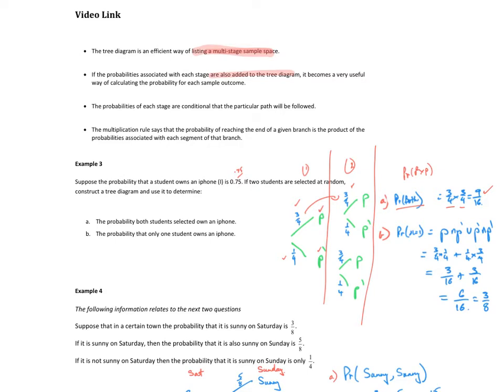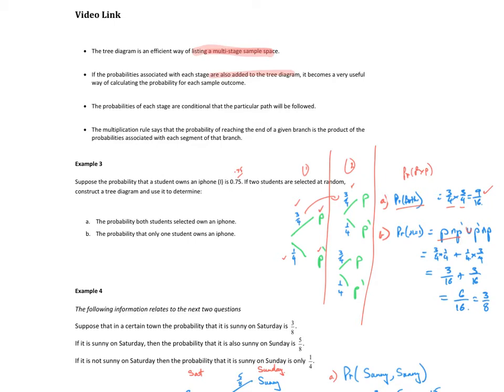The probability that only one student owns a phone, well, you've got to think of all the ways only one student can. If I select 2 of them, the first one might own a phone, but the second one won't. Or the second one will own a phone and the first one won't. So we get P intersection P dash union P dash intersection P. Only one of those events.